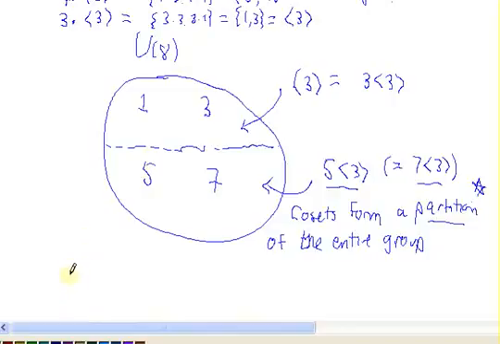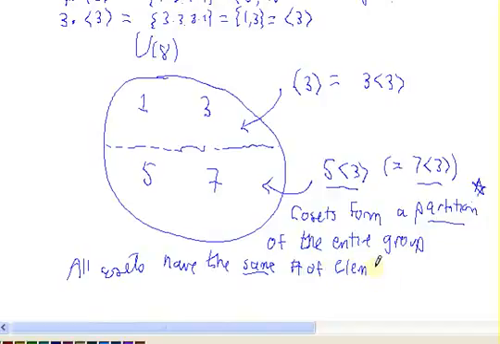So all cosets have the same number of elements, and that's equal to the number of elements in the subgroup, because the subgroup itself is in fact a coset.